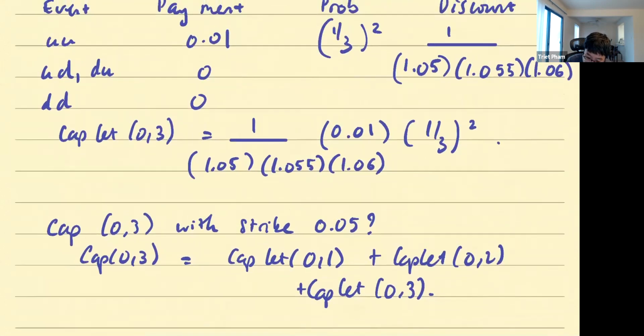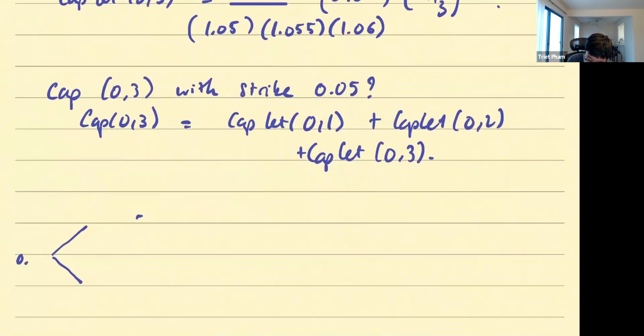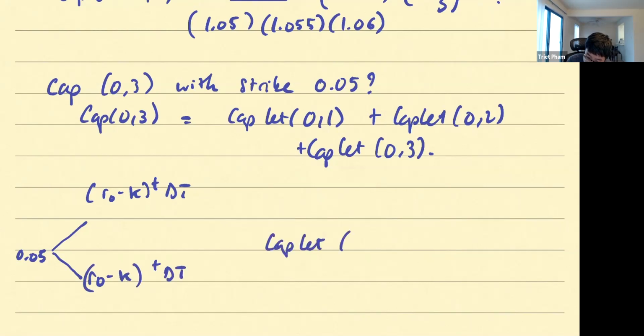The caplet at time 1 pays us R0 minus K, plus. But because R0 is 0.05 and the strike is 0.05, the price of caplet 0.1 is 0.